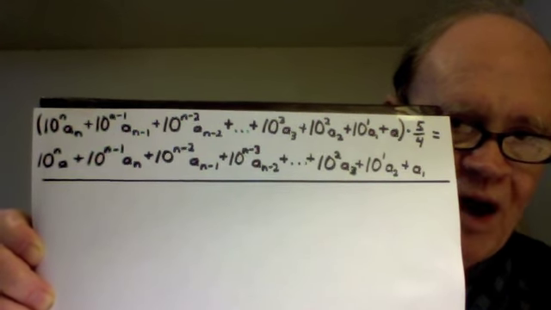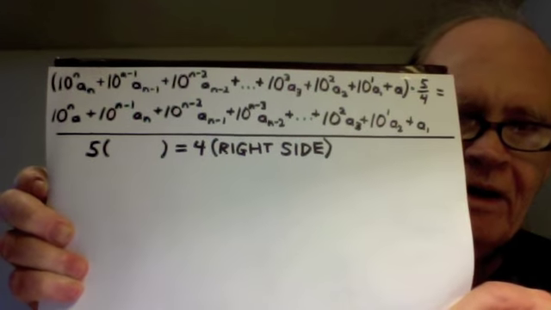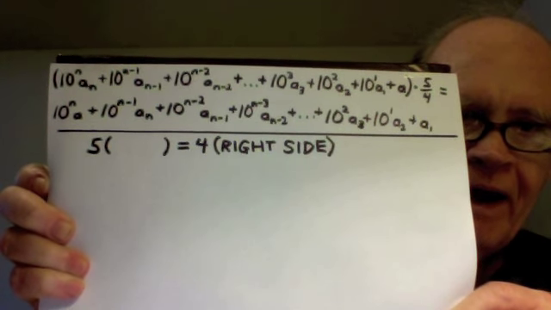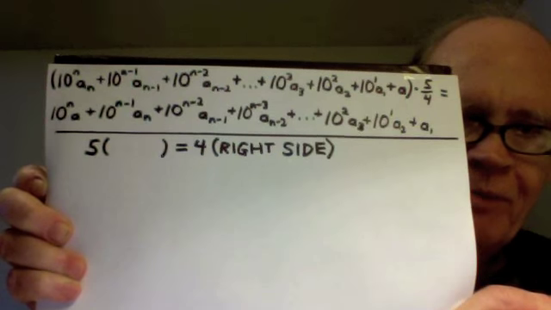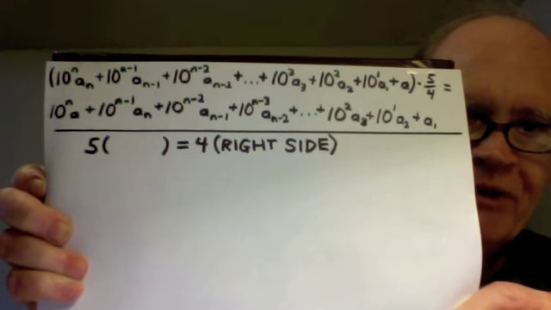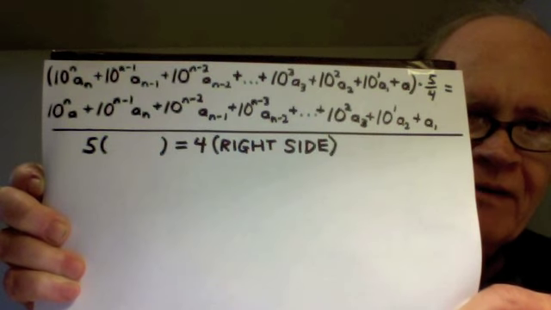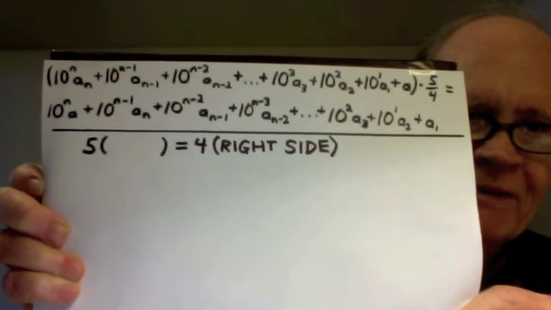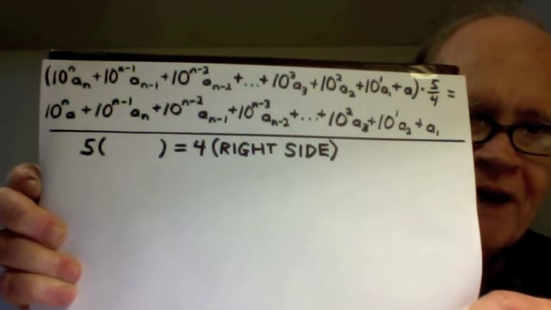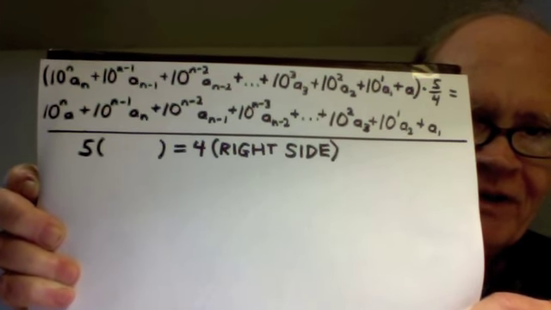Now I take that equation and multiply it by 4, which will get rid of that denominator 4, and in the same step I will distribute that numerator 5 to the expression in parentheses on the left side. So my new equation is 5 times that expression in parentheses equals 4 times the right side of that first equation.